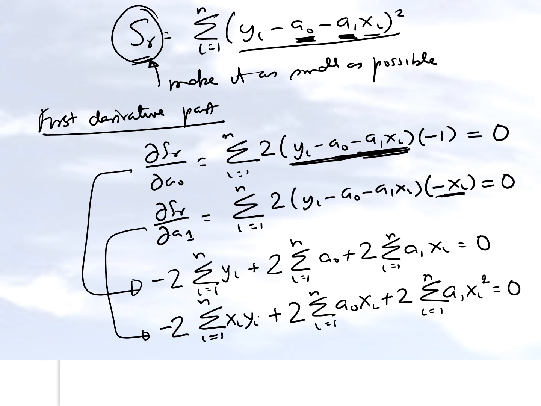So what you're basically seeing is that here we're somehow ending up with two equations and two unknowns. And we're going to simplify it a little bit further to find out what we get. So you can very well see that you have 2 here, 2 here, 2 here. So we can divide by 2. Same thing here, we have 2 here, 2 here, and 2 here. We can divide by 2. So let's go ahead and do that.